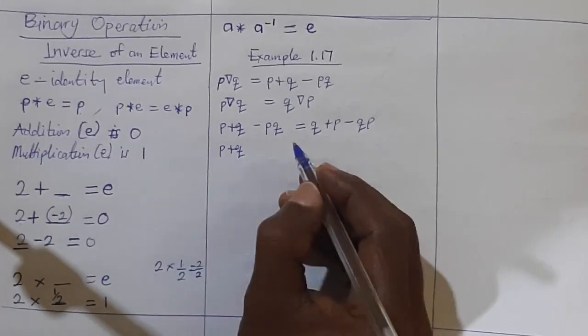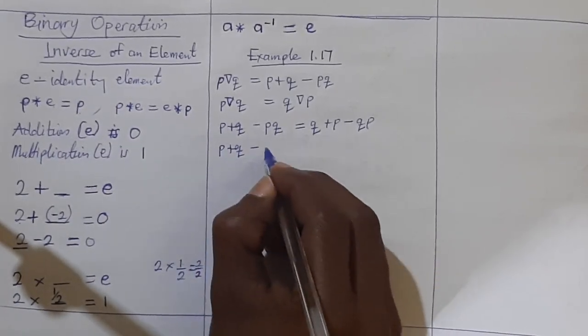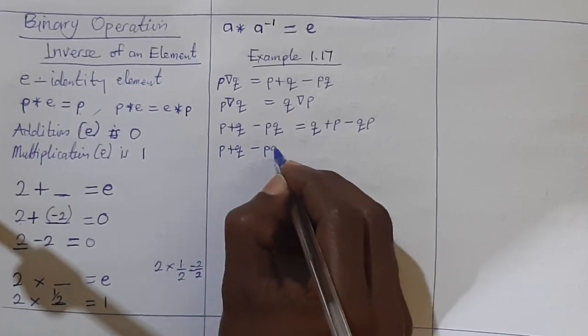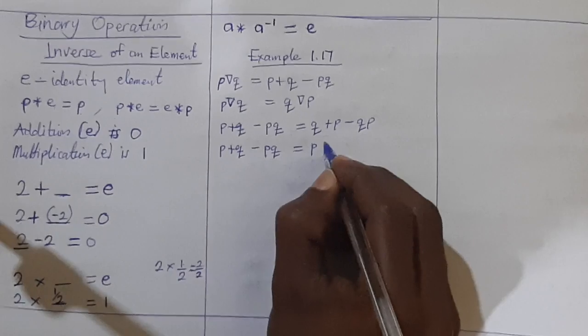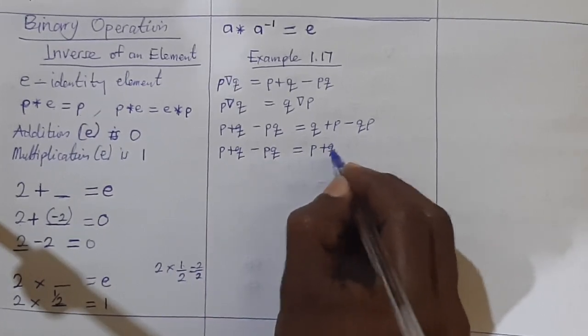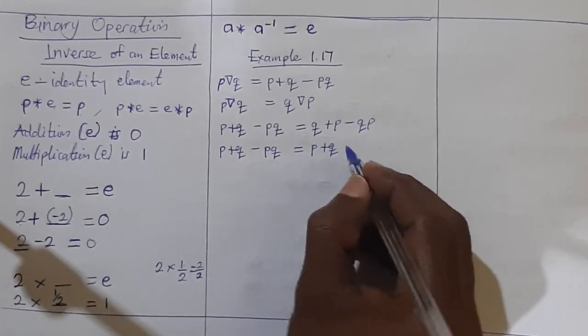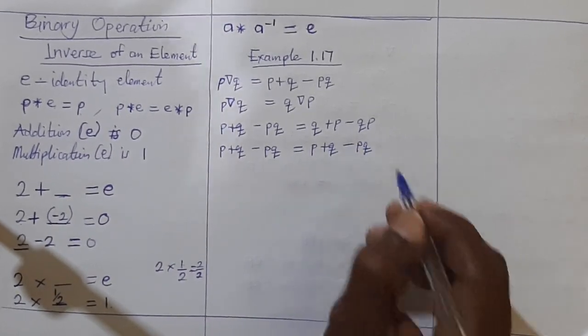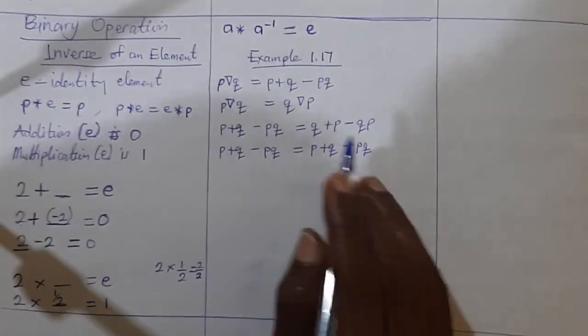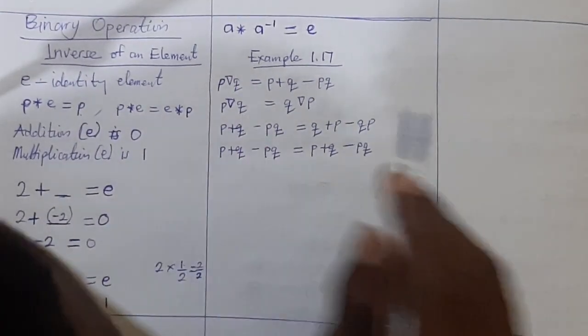P plus Q is equal to P plus Q, commutativity. Okay, we can change them, QP is PQ. Good. So we are proving that the operation is commutative.